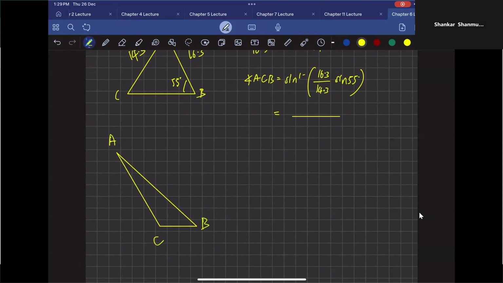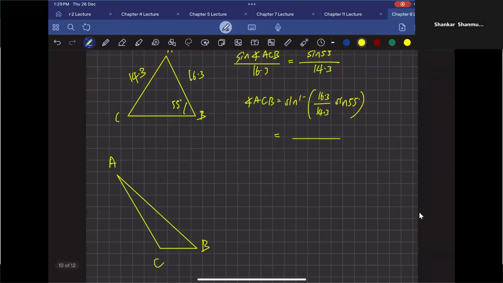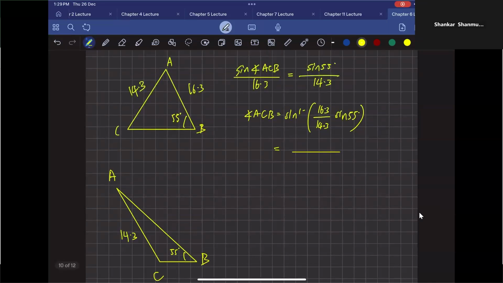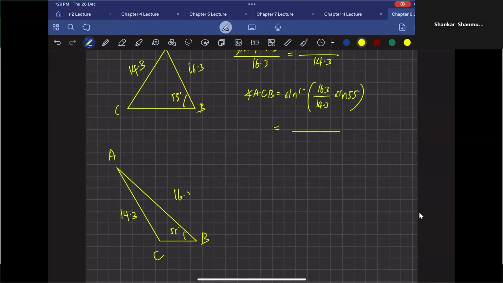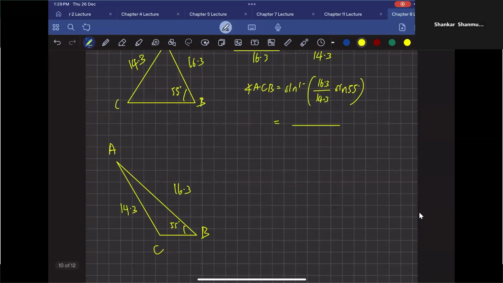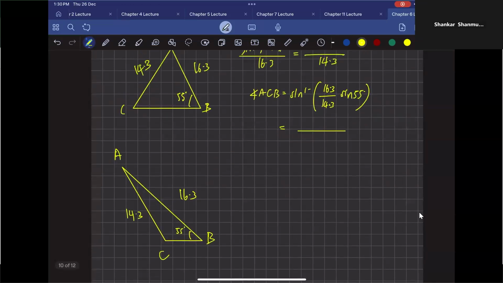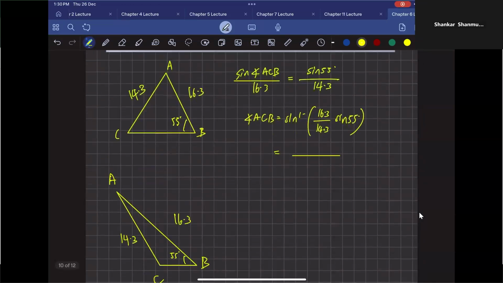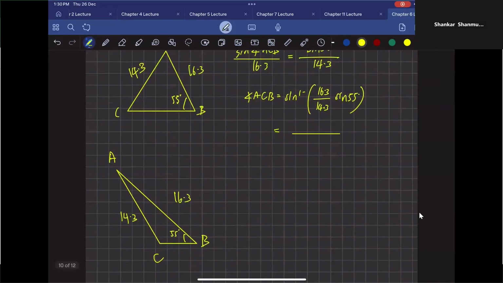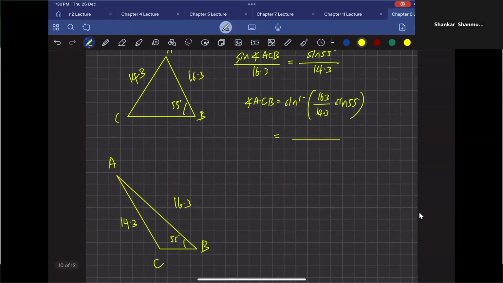A, B, C. In this case, angle ABC is still 55 degrees, then AC is 14.3 and AB is 16.3. So this is the second case where your angle ACB is actually more than 90 degrees, so it's an obtuse angle.